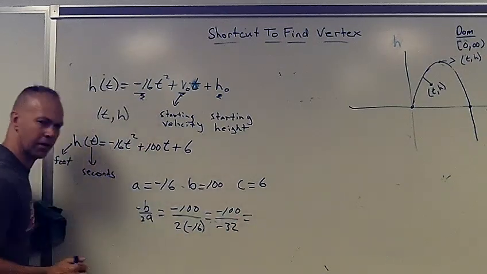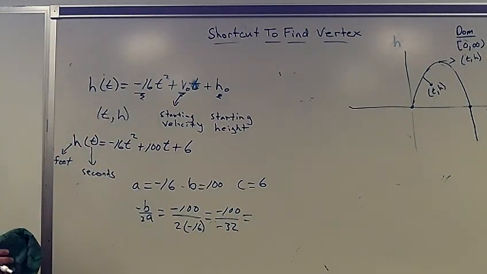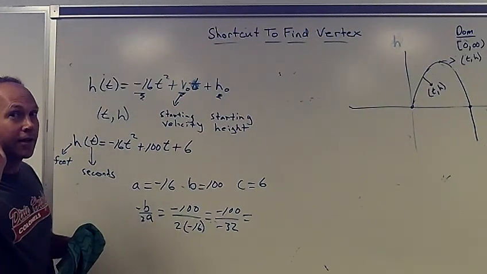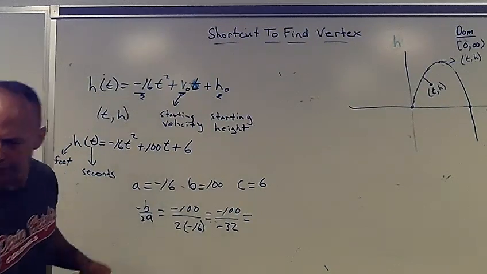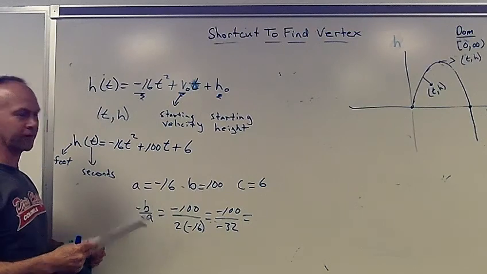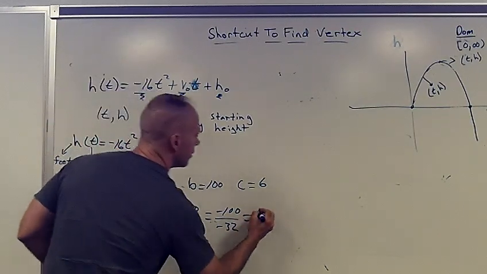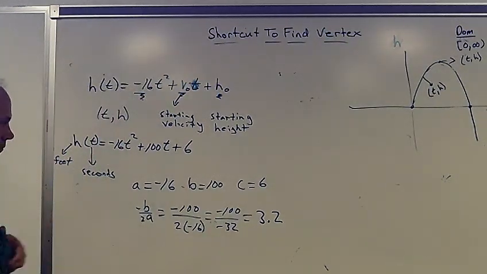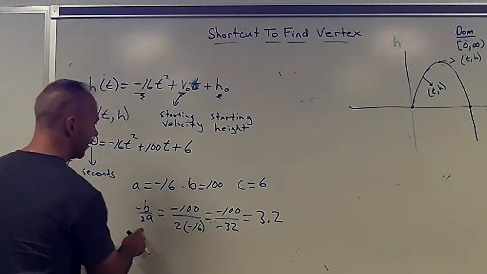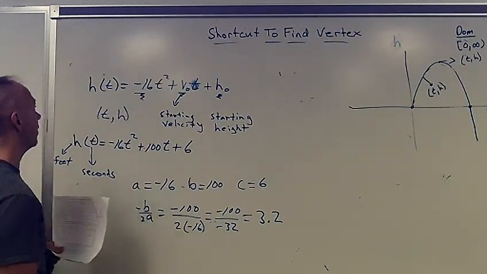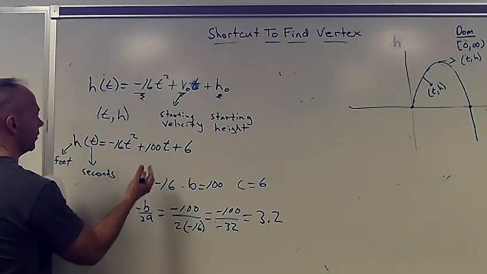Now we're starting to get into some ugly numbers here. So we probably want to take out our handy dandy, what? Not a notebook, a calculator. Duh. So we take out our handy dandy calculator, and I get it to be, of course I do this in my head. Yeah, right. About 3.2. We'll round to the nearest tenth. Cool? All right. Now, to get the y-coordinate of the vertex, and I could write k, but I'm starting to get too many different letters in here.